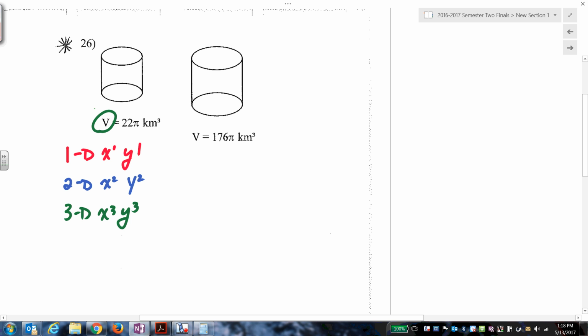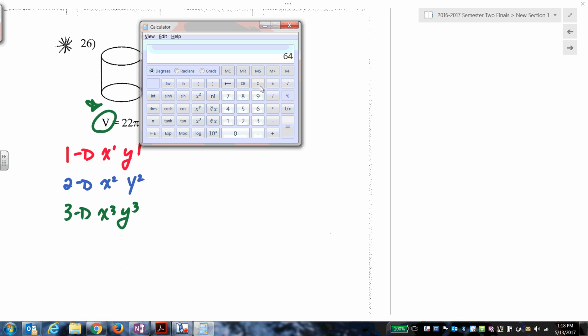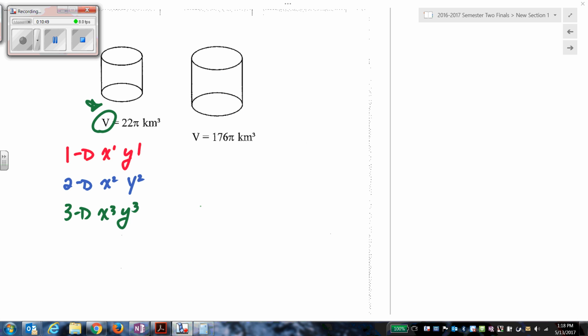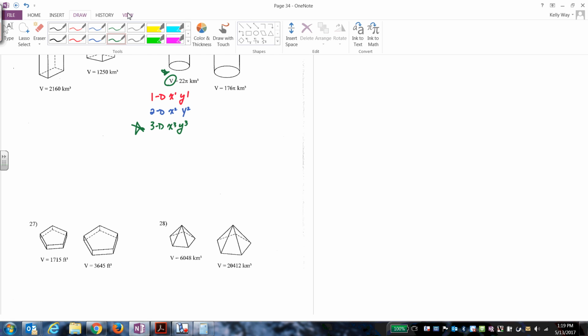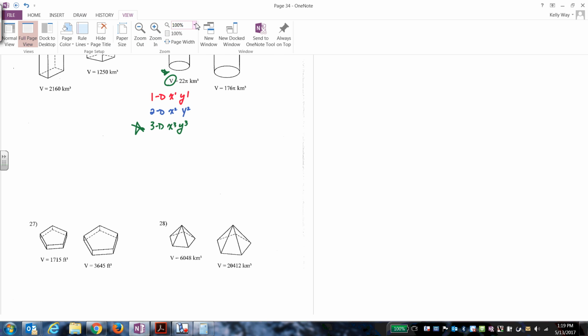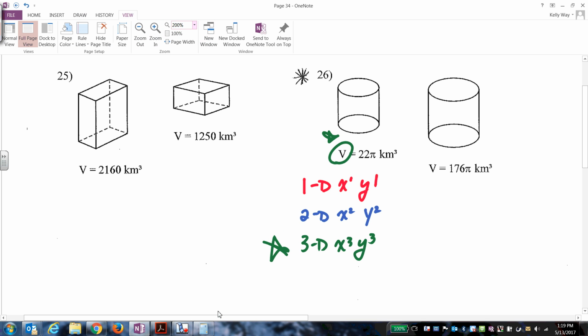We're working with volume, and we're going to be hunting in the third dimension. We are in volume here, so we're already in what's called the x cubed, y cubed.